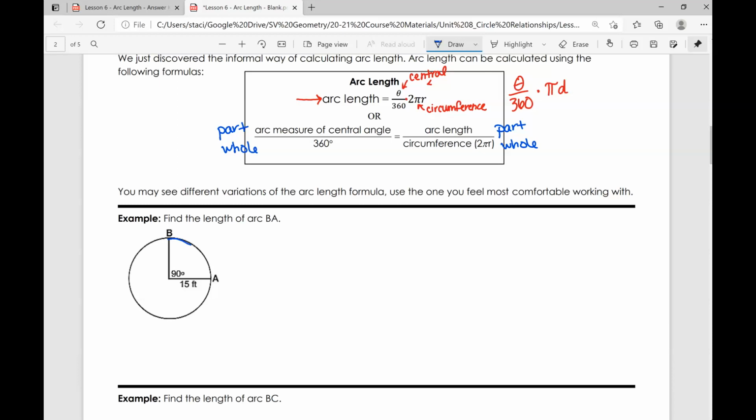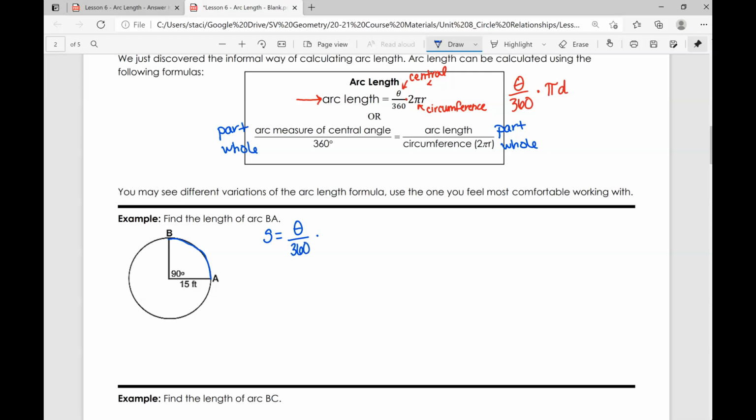So here's arc BA. And it doesn't tell us whether to write it exactly or approximately. My preference is to do it exactly, just because it's one less step than doing it approximately. So if we think about our formula for arc length, I'm going to show you both ways in this example. My formula for arc length is I take the central angle divided by 360 times circumference.